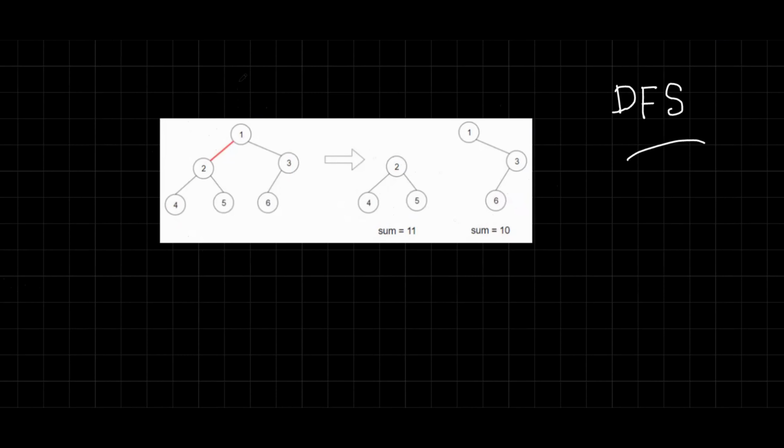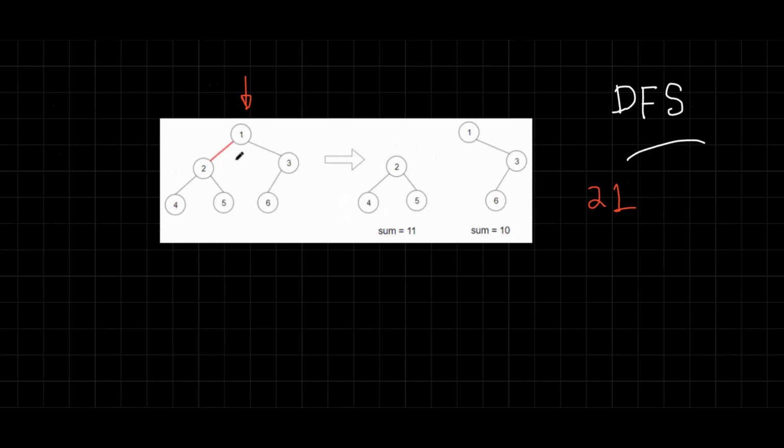First of all, we have to calculate the summation of all of the elements in the given tree. So here, the summation of all of the elements in the given tree will be 21. We can simply do it by using a sum DFS. Now, after calculating the sum of the node values of all of the elements, we have to disconnect the subtree.